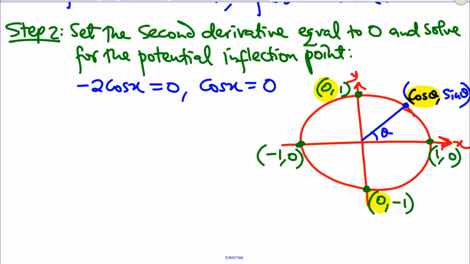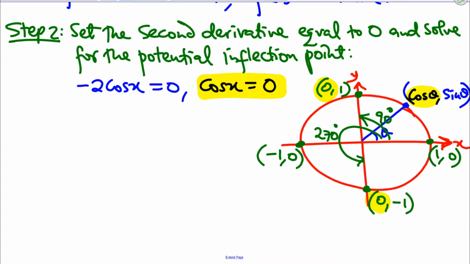So cos x is equal to 0 when theta is 90 degrees and 270 degrees.